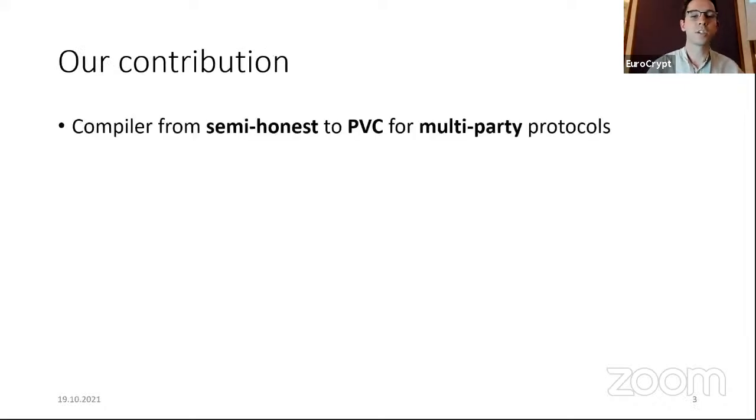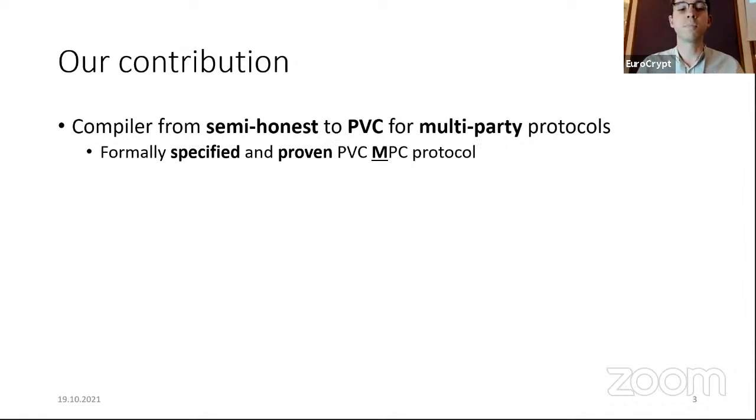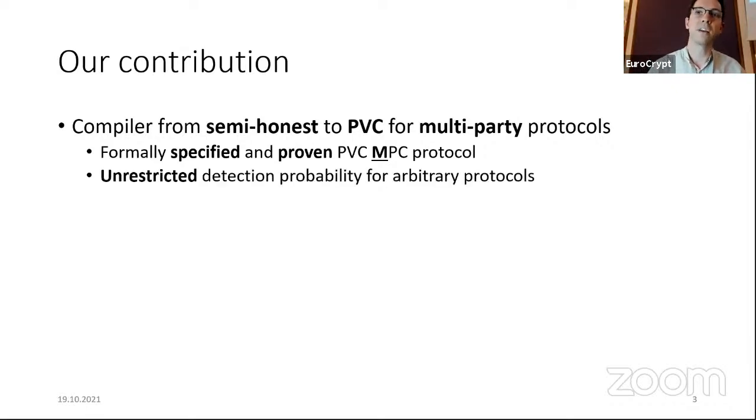We have the just explained compiler, and this means that we are the first to formally specify and prove a PVC MPC protocol. There has been prior work which presented kind of an intuition on how to extend the two-party approach to the multi-party setting. However, in this prior work, the detection probability was bounded by 1 over the number of parties, while we do not have something like this.